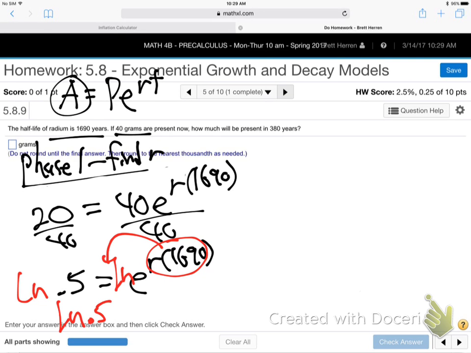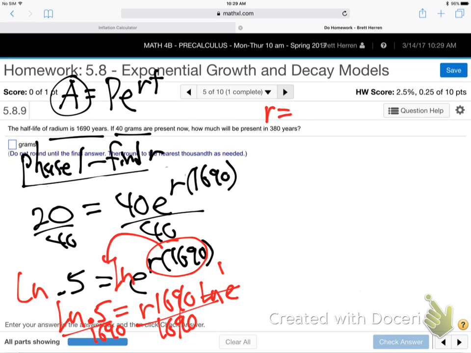Ln of 0.5 equals R times 1690 ln E, which is just 1. So divide by 1690. Got our hands on R now. R is ln of 0.5 over 1690.